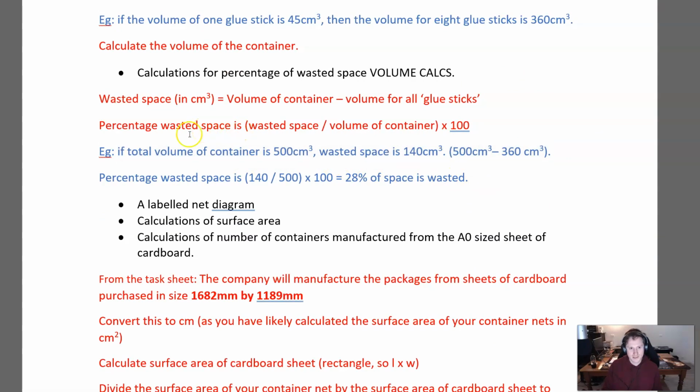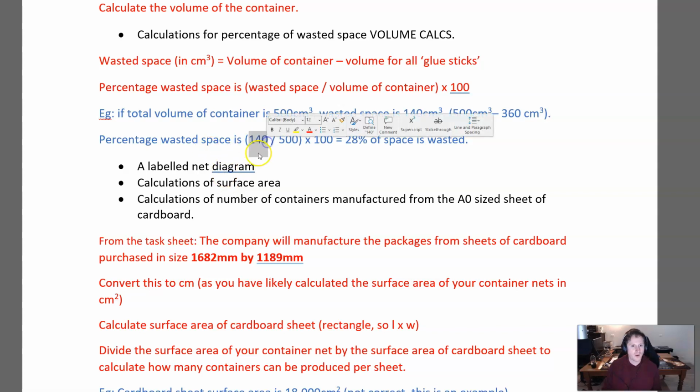Now that you've got the wasted space, you can calculate a percentage wasted space. To do that, you have the wasted space divided by the volume of the container times by 100. So for my example, it would be 140 is the wasted space divided by 500, which is the volume of my container, times 100 gives you 28% wasted space.